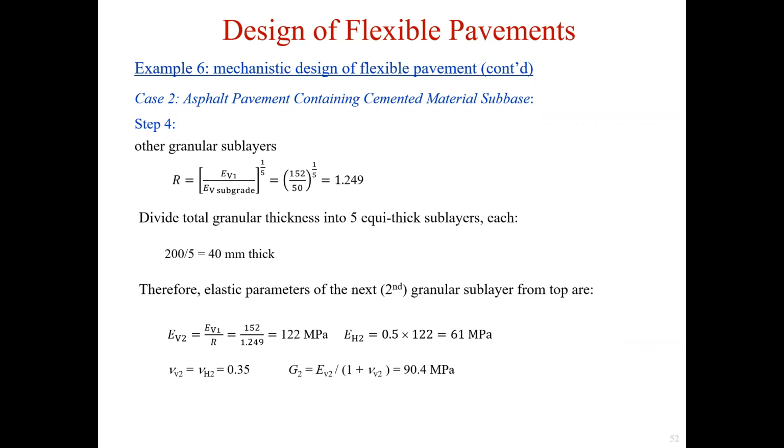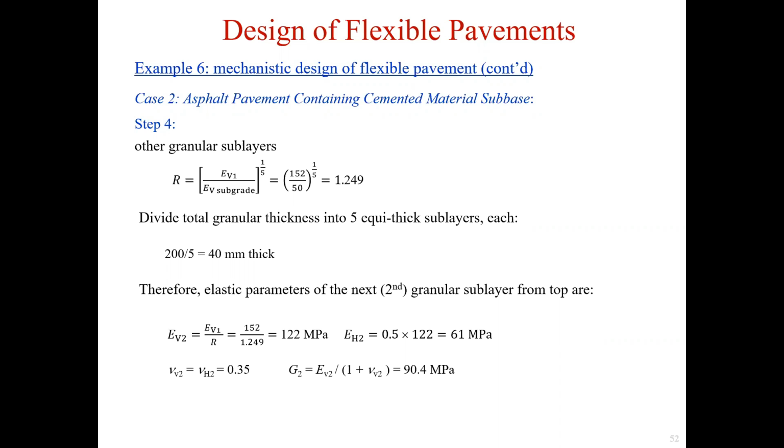Step 4 is the elastic property calculation for the other granular sublayers. Firstly, we need to get the R value. Since this is granular materials placed directly on the subgrade, sublayering is required. We divide the total granular thickness into 5 equal thick sublayers. Each has a thickness of 40 millimeter.